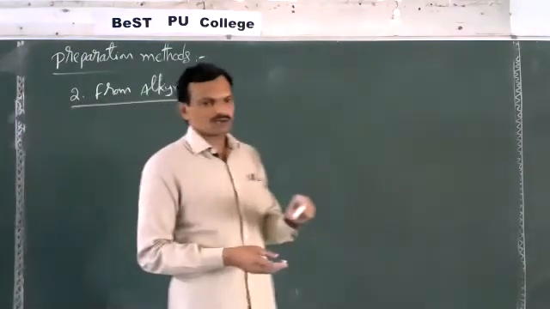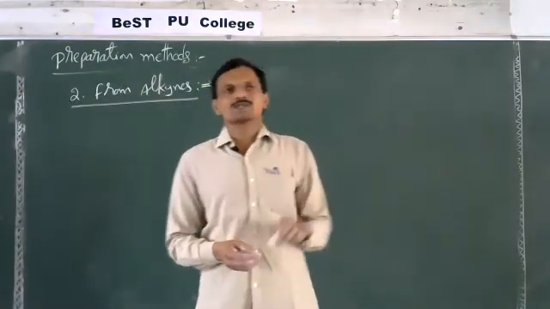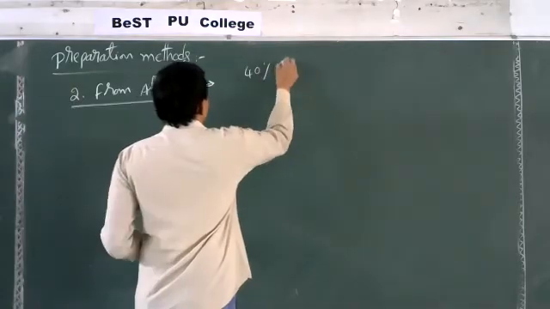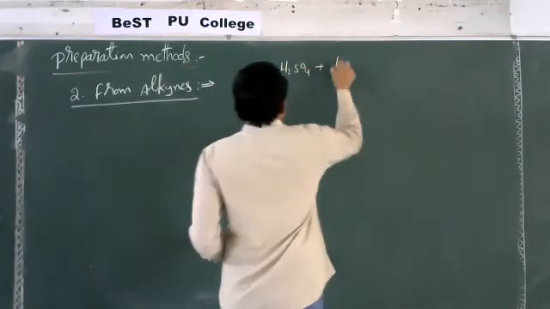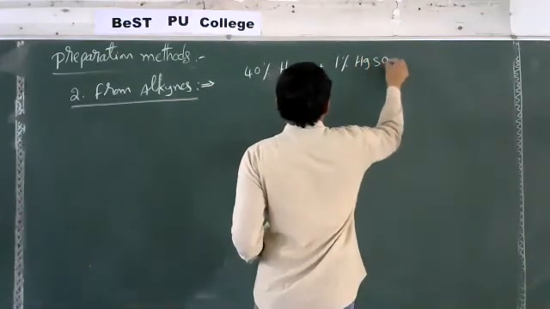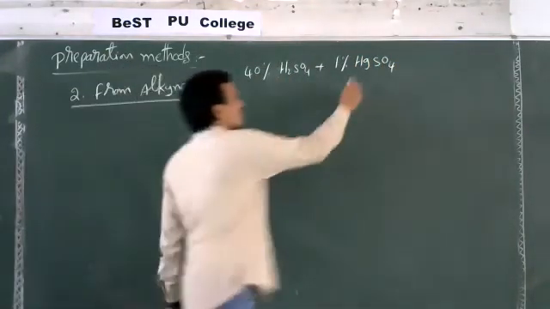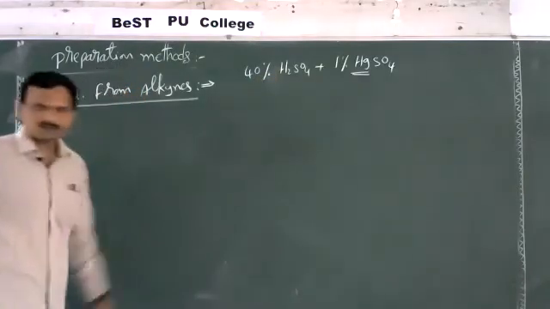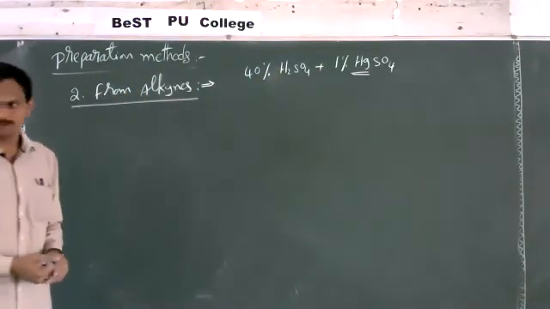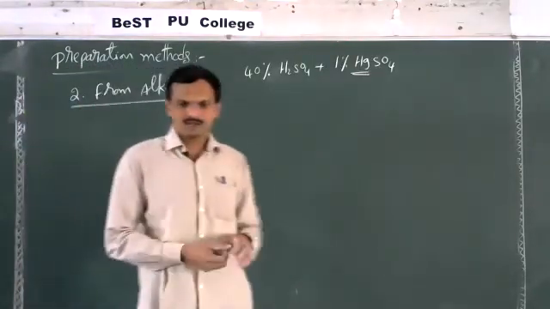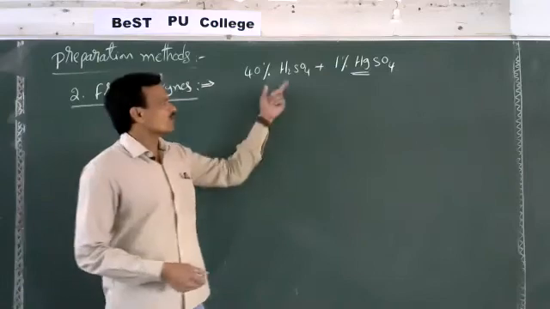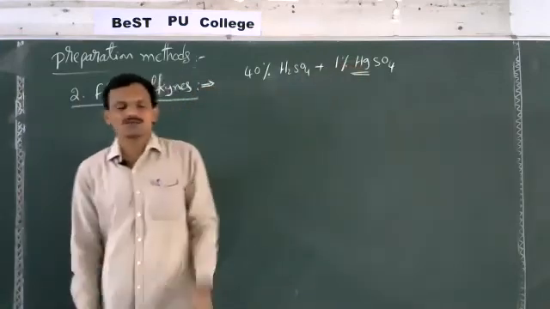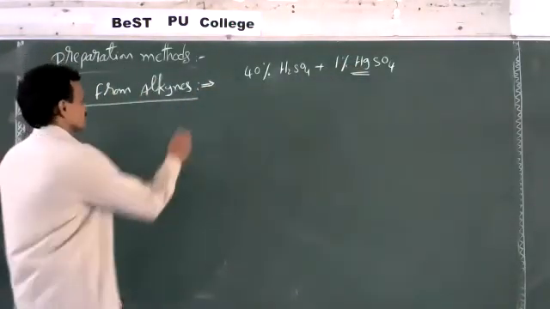But addition of water to alkynes takes place in the presence of 40% H2SO4, that is dilute H2SO4, plus 1% mercuric sulfate, HgSO4. Here the mercuric ions catalyze the addition of water to alkynes.